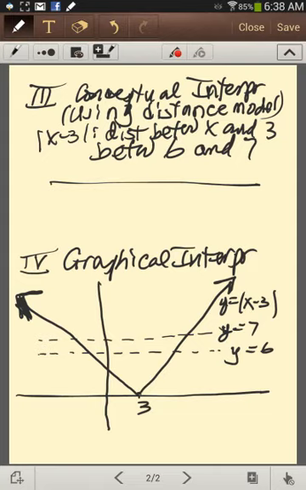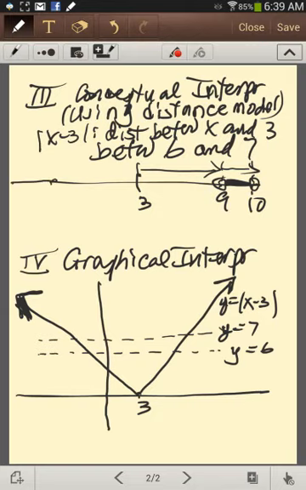Drawing a number line, locating 3, and moving a distance of 6 or 7 to the right, we would be at 9, or we'd be at 10. So if it's between 6 and 7 units from 3, we would want values of x between 9 and 10.